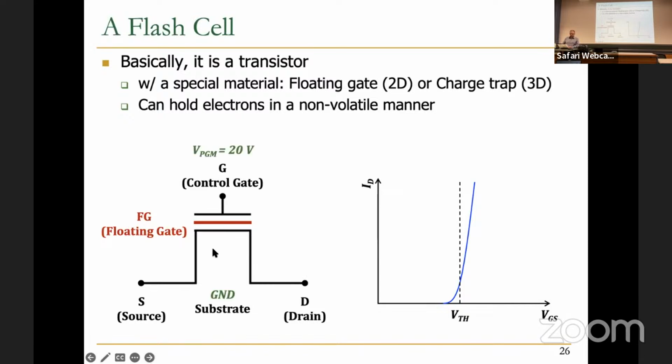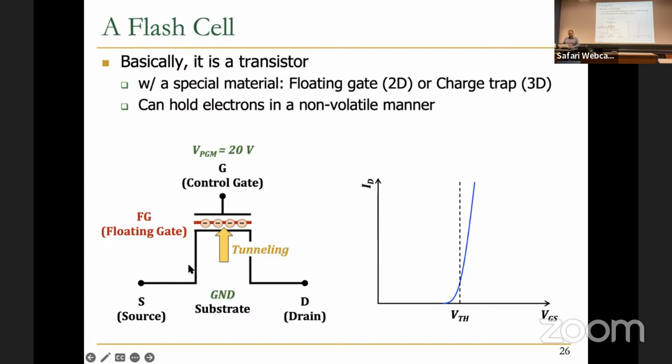Essentially, when you want to program it, you need to apply a high program voltage, like 20 volts. This positive voltage will basically attract electrons, through what is called tunneling, to this floating gate. And when you cut that voltage, these electrons will be trapped here, so they don't get back to the substrate.